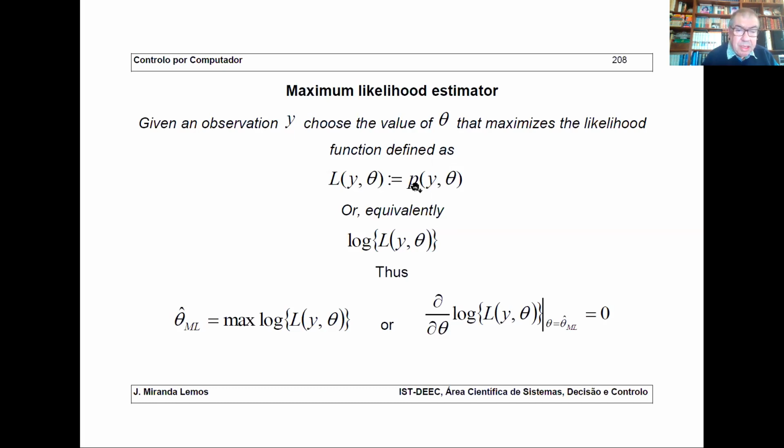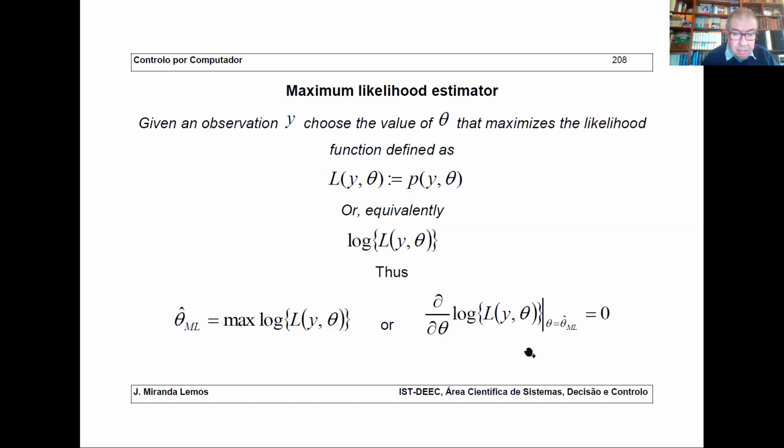In many cases, P will involve an exponential, so you can work with the logarithm of the likelihood function, because the logarithm is a growing function, and if it is a growing function, maximizing P is the same as maximizing the logarithm of P. Now, suppose that this function logarithm of L is smooth. So if you want to maximize it with respect to theta, compute the gradient with respect to theta and equate it to 0.